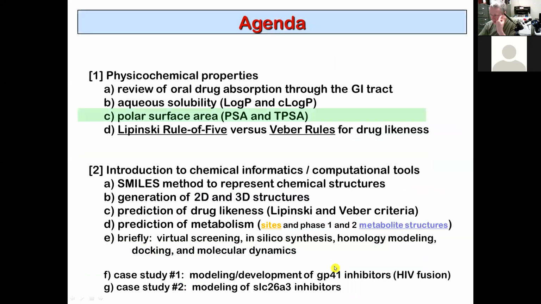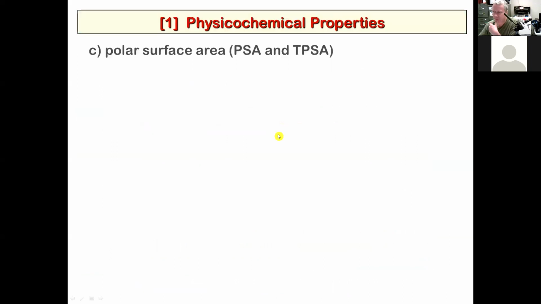Okay, let's see, polar surface area and TPSA. These are another measure of polarity, and we can calculate it quickly using the computer also. Polar surface area, what does that sound like? If you have a drug, it has a surface, everything's got a surface.